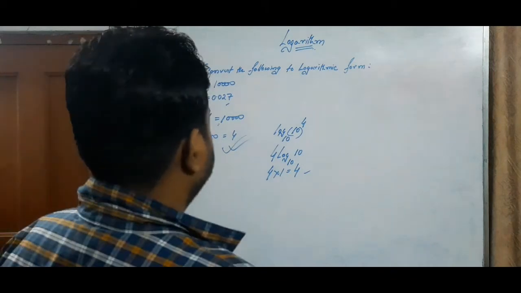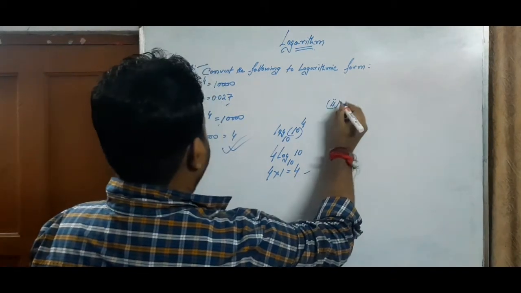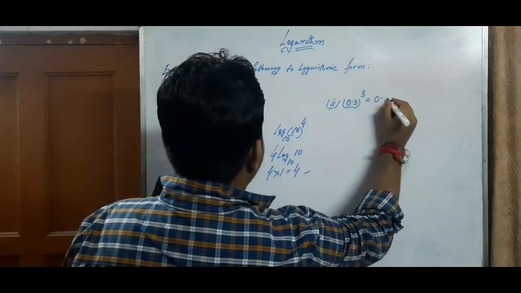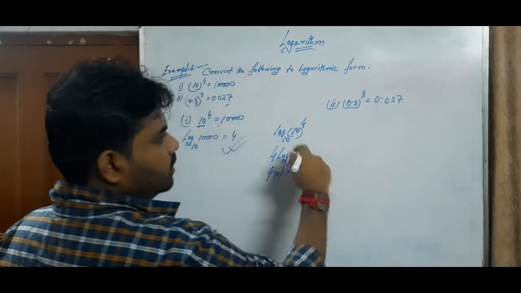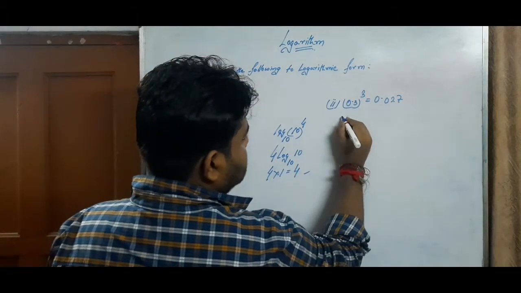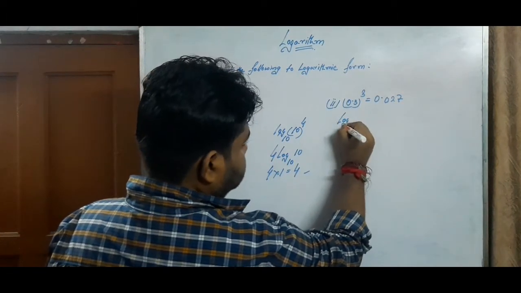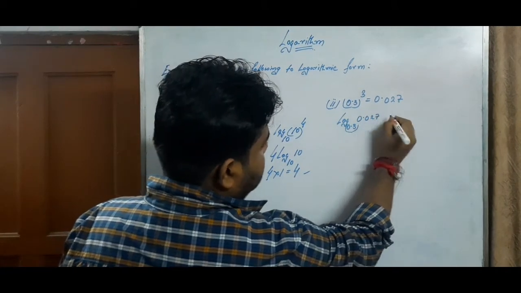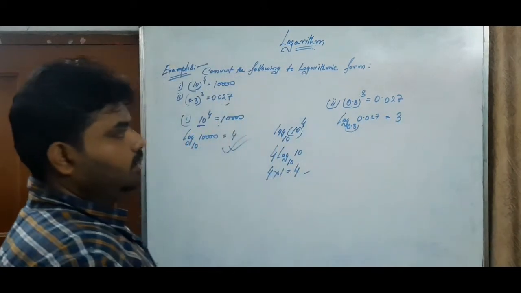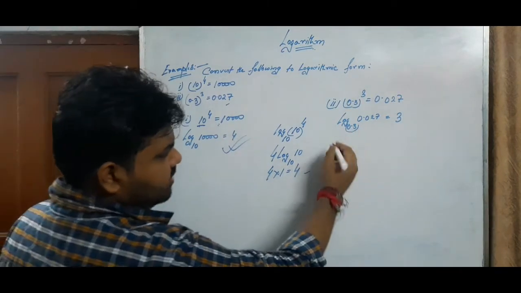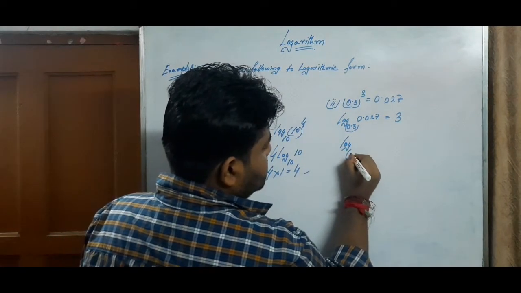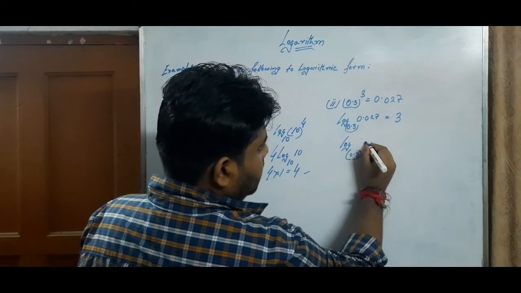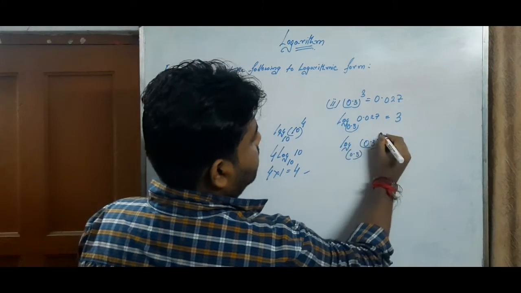Now, the second one. That is 0.3 whole cube equals 0.027. Now, logarithmic form, that is log 0.027 base 0.3 equals 3. Okay, how will we prove this? Same, log 0.027 base 0.3, that is 0.3 whole cube.